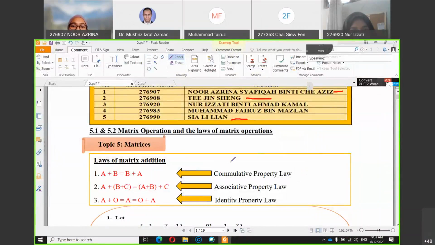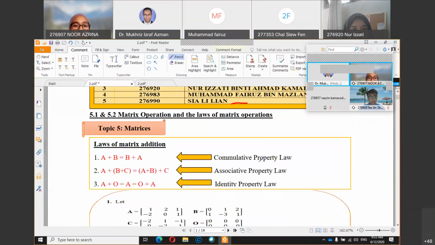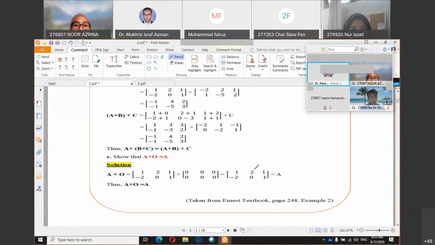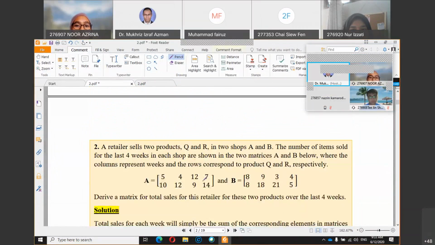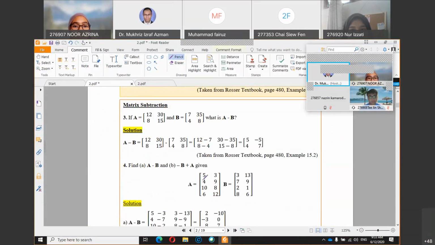Okay, so continue from where we left off from the group 1 presentation just now. We covered the simple multiplication rule and also the identity matrix.